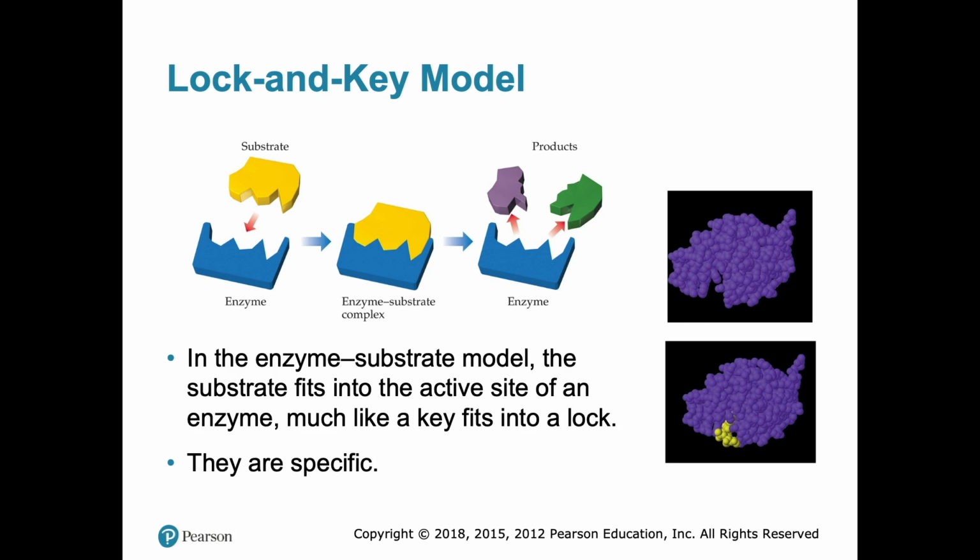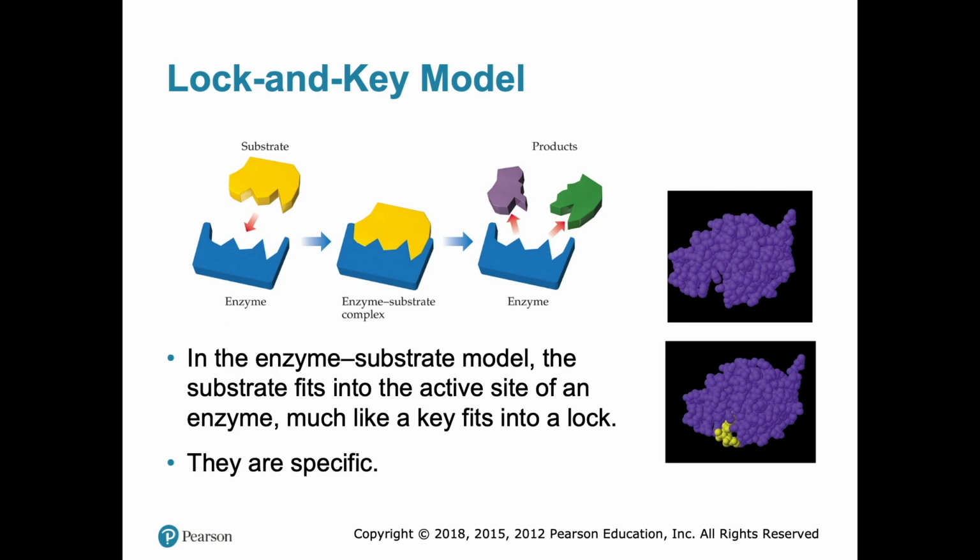This is very simplistic, because in real life it's not exactly lock and key. The enzyme is a very dynamic molecule, and when the substrate gets close to the enzyme, it starts to fold around it and move around it. So it's not as simple as lock and key. There's a lot of movement happening to make it happen.